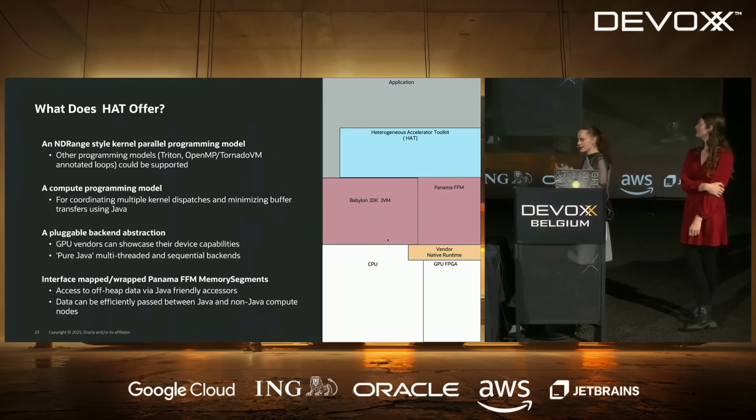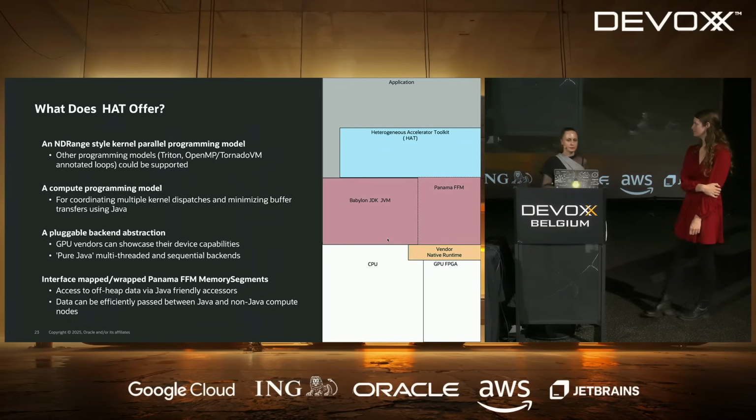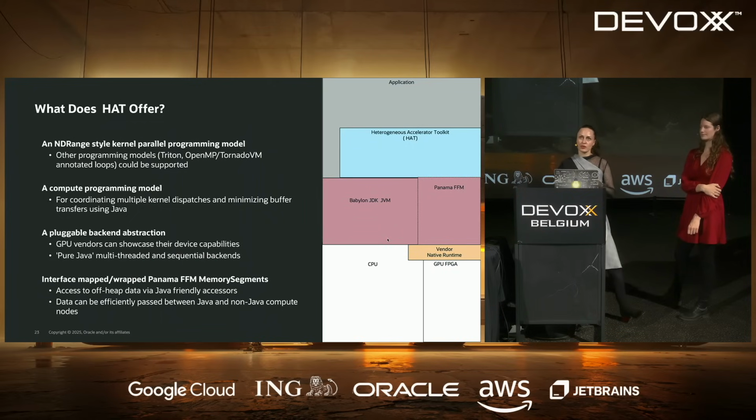But what it gives us in the end is a library that has a good compute programming model that works in Java, and it also aims to help us minimize our interface with the actual hardware. So it's not just writing Java code, running it on the GPU and hoping it works well, but it works in a performant way on the GPU, and that's very important. Another great thing about it is it offers us a pluggable backend part.